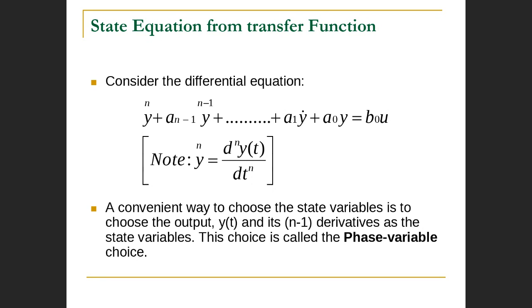Remember, we're looking at an nth order differential equation. Therefore, how many state variables do we need? N. How are we proposing to select them? Choose the output and n minus 1 derivatives. So the total here would be n state variables.